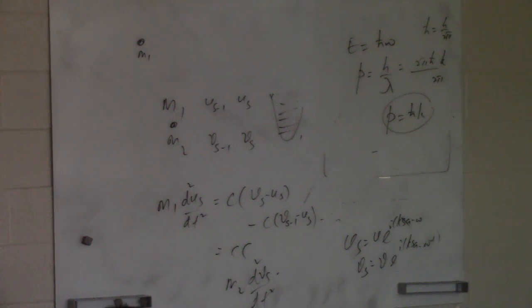Probably you remember this one, right? If you have photons, say X-rays with K1 and K2, what is K2 minus K1? Bragg's law: delta K is G, right?